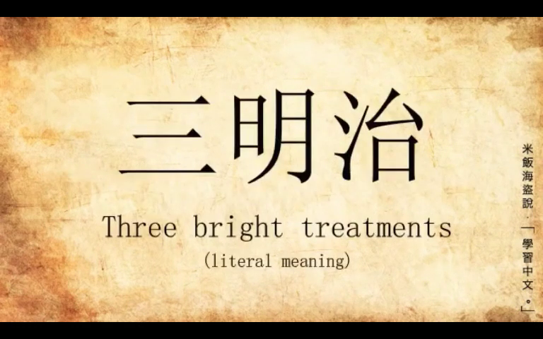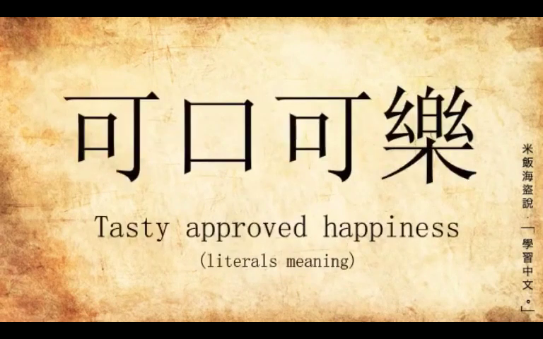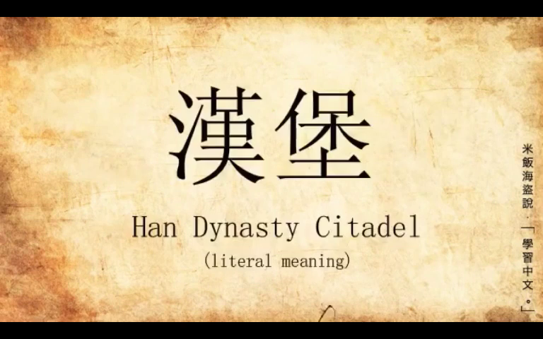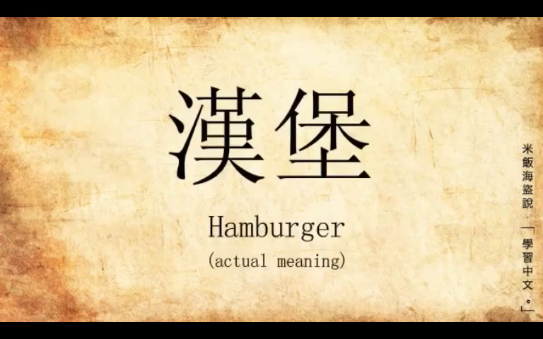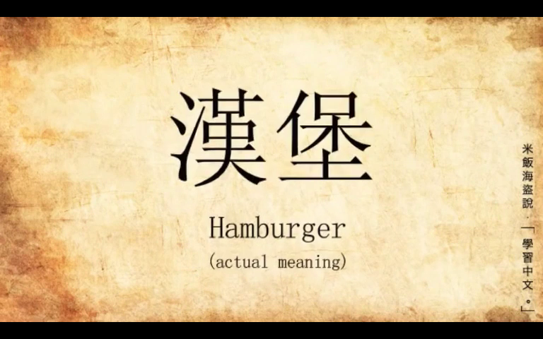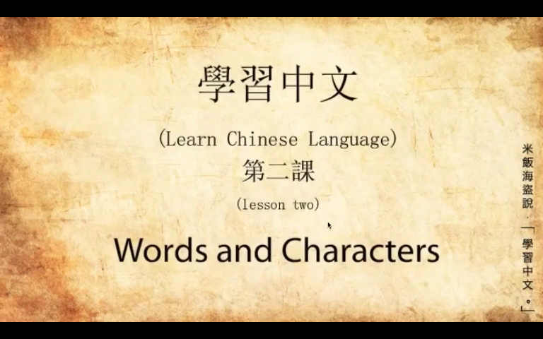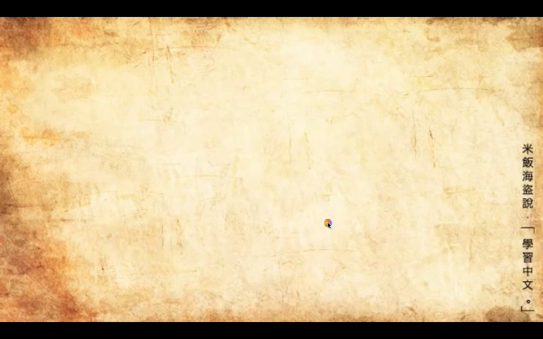For example, 三明治 is a sandwich. 可口可乐, it's a Coca-Cola. 汉堡, that's a hamburger. Speaking of hamburger, it's a bit of whole meaning. I'm sure you're very hungry, America. So this is finish of lesson 2, word and character. Now use your lazy American head and learn to speak the Chinese.